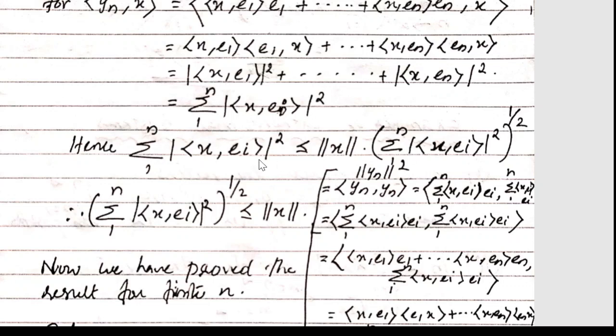So we have used this quantity. Therefore the sum from 1 to n of the modulus of the inner product of x and e_i squared, all raised to 1 by 2, is less than or equal to the norm of x. Have you got that one?